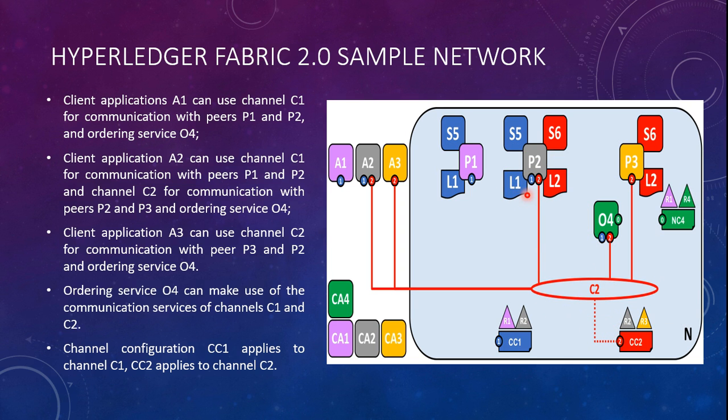One ledger L1 which it shares with P1 in channel C1 and one ledger L2 which it will share with peer P3, and it will also have two smart contracts S5 and S6. S5 is for channel C1 and S6 is for channel C2. So this S6 is as per the consortium X2 comprising of R2 and R3 as per the channel configuration CC2.